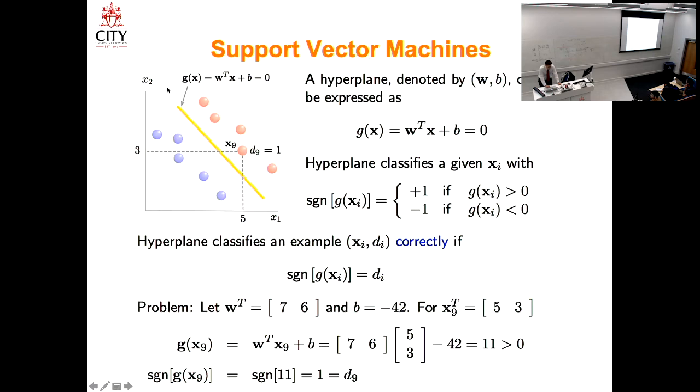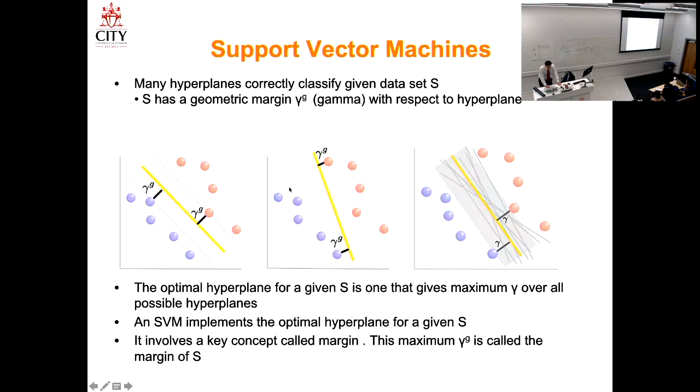So we have a line. The goal is to find the optimal line. The idea is we find a line that has the maximum possible distance from the closest feature vectors to the line. So I want the maximum distance. In support vector terminology, they call these support vectors.